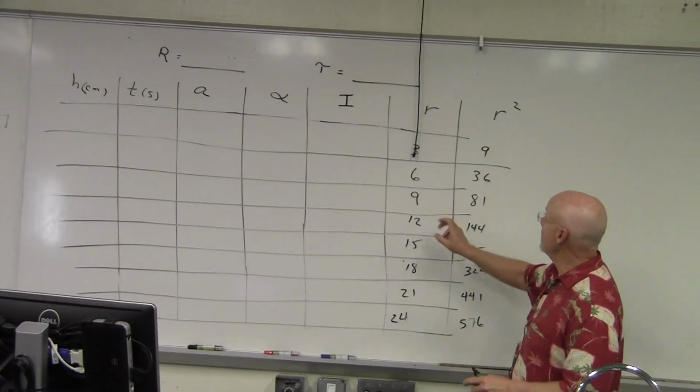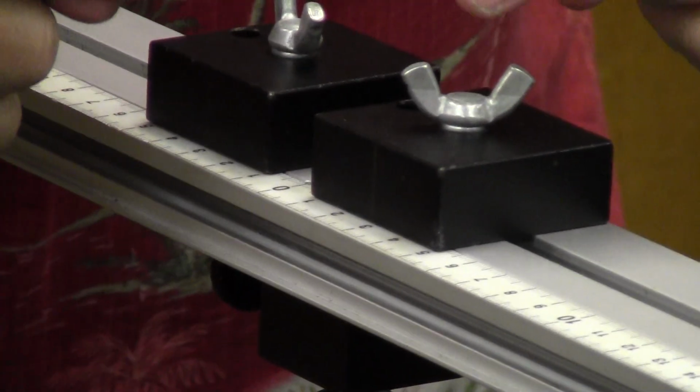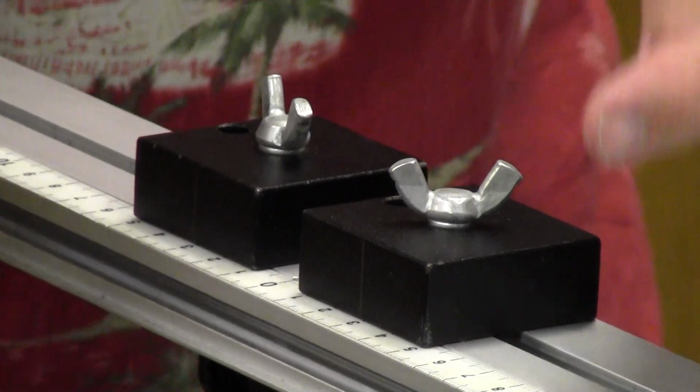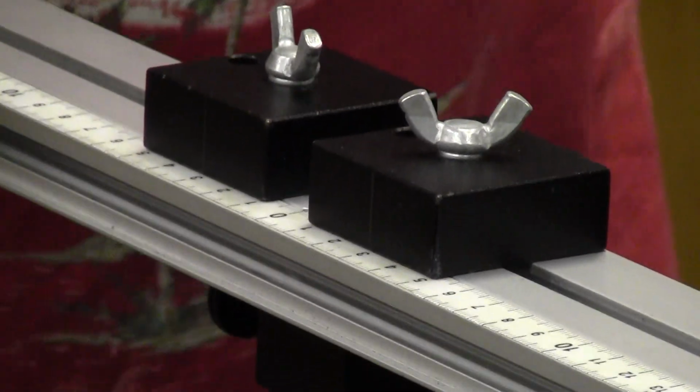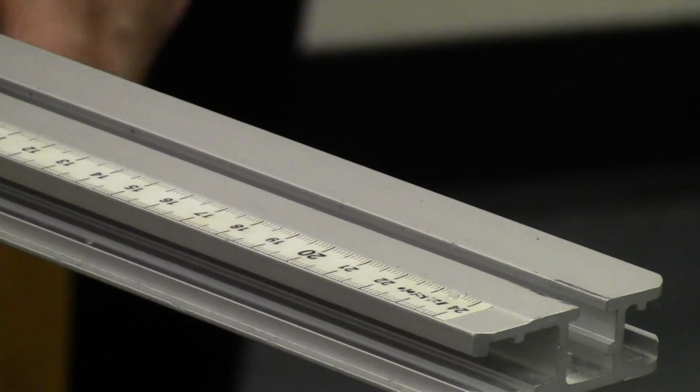Okay. So those numbers are given, but I'll say it again. This lowercase r is the distance, and I'll just walk over to the equipment again. The lowercase r is where these are. And so you can see in that chart, we're asked to move them out further and further. And the last distance way out here is the 24. That's as far as we could go.